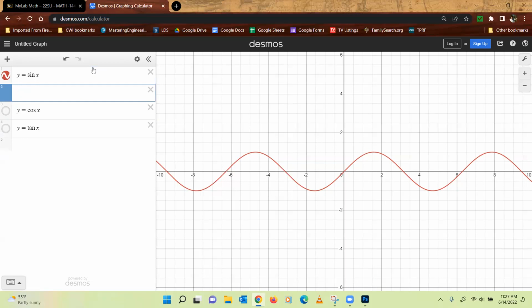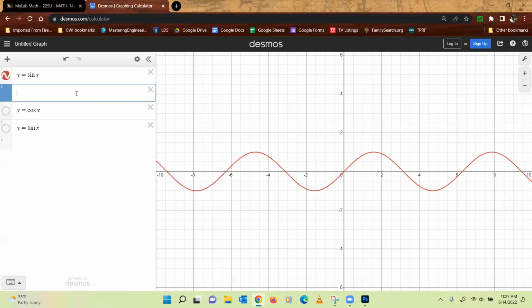So everywhere sine crosses the x-axis, we're going to get undefined. 1 divided by 1 is 1. So up here at pi over 2, we are going to have that same spot. Over here at 3 pi over 2, 1 divided by -1 is -1. We'll be in the same spot.